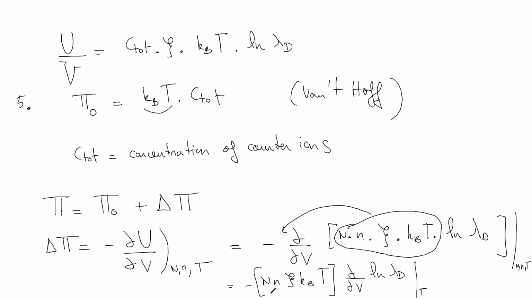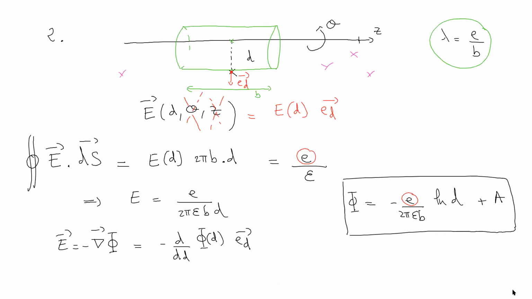All right, and so now we would like to know the variation of the log of the Debye length with volume. And we have to remember that the Debye length, at least its square, is provided by kBT over epsilon E squared, and then you have the ionic force. But the ionic force is what?